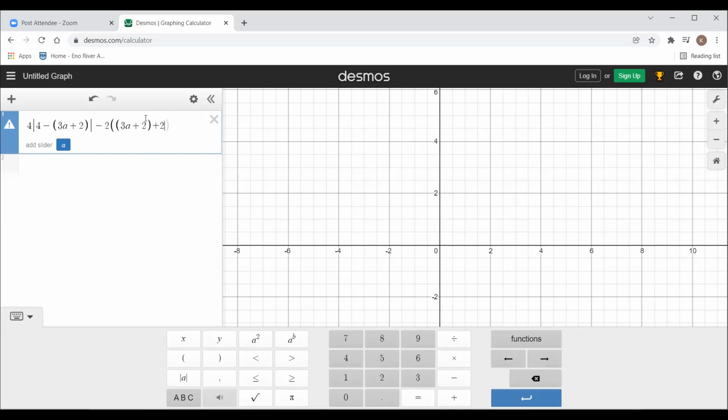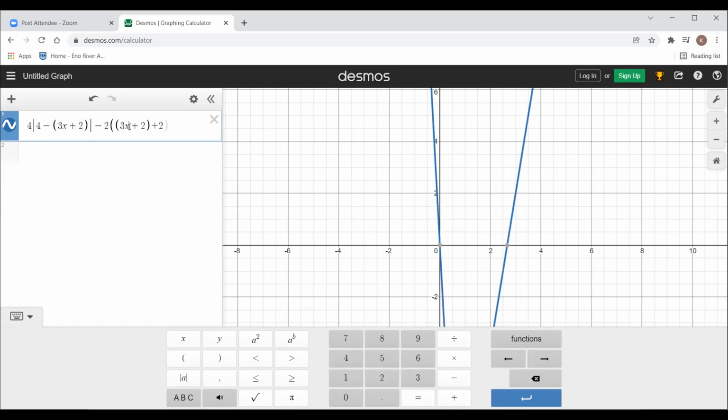Okay. Desmos does not like variables that are not X's or Y's. It's uncomfortable with them. So what I'm going to do is I'm going to go back to these A's. There's 2 of them. I'm going to make that an X. I'm going to make this an X. So it can graph something. Now, the way that you can use Desmos to see if an answer is right, because this question says, hey, which answer is the same as yours?